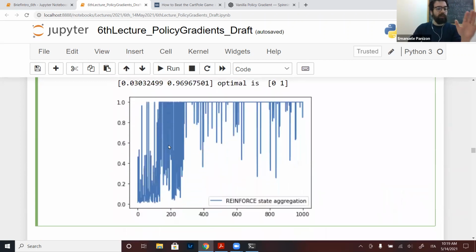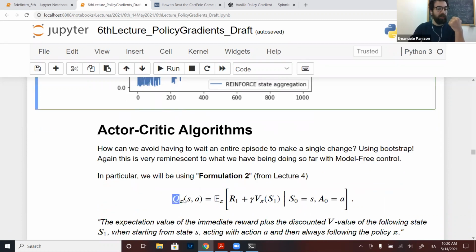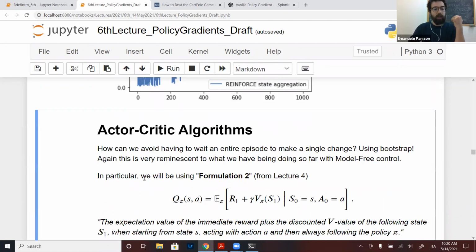Okay, so we have found that Monte Carlo works. You need to wait until the end of an episode, but at least in this simple case, it works. But what if I don't want to wait for an entire episode to end before making a single update? Then I need some way to do bootstrapping. I need some way to extract information on the value of the state that we already have, and to put it into the estimation of the quality Q. In particular, we use what I called formulation two from lecture 4.